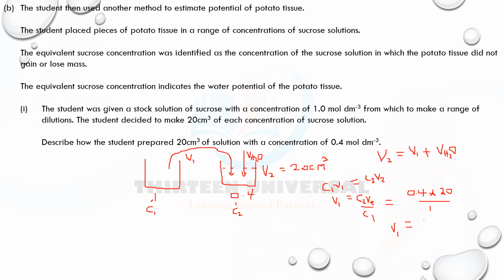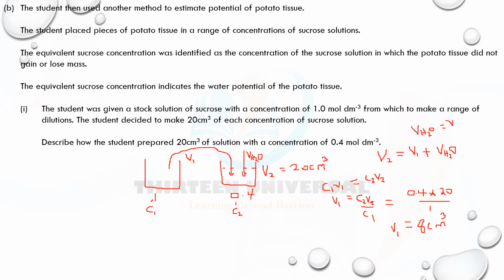So I have to take 8 cm cube of the stock concentration and then add how much water to make it 20? To get the volume of water, you already know your V1. We've calculated our V1. V1 is 8. So the volume of water will be V2 minus V1.